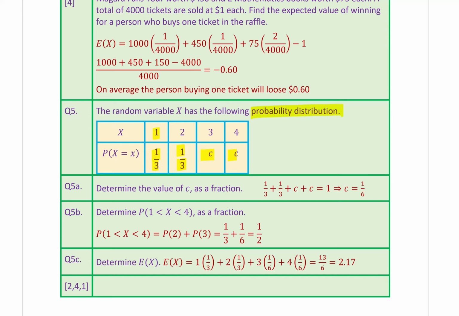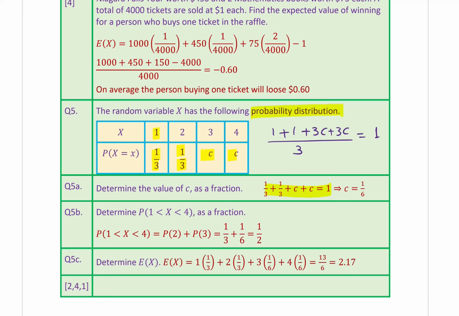Basically, the sum of these terms should be equal to 1, and that should help you find the answer. We can take a common denominator of 3 here. So we have 1 plus 1 plus 3c plus 3c equals 3.